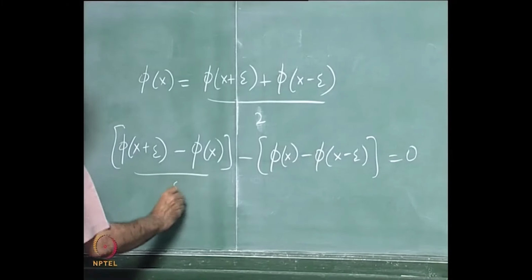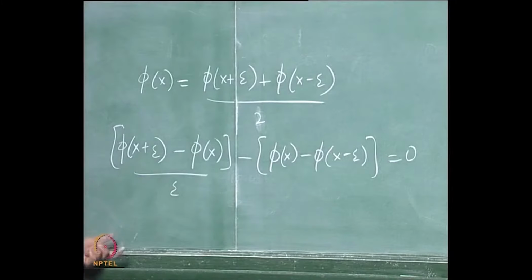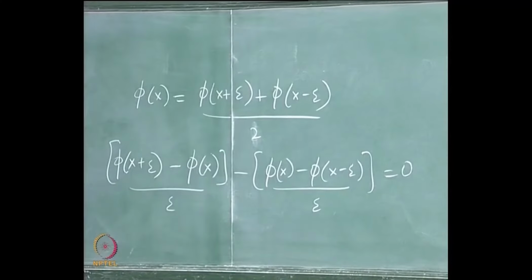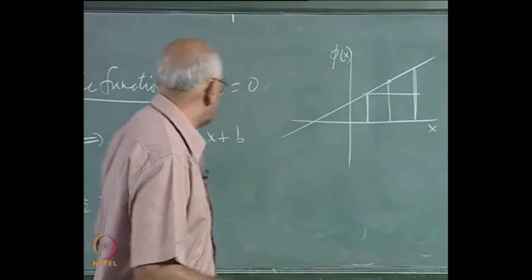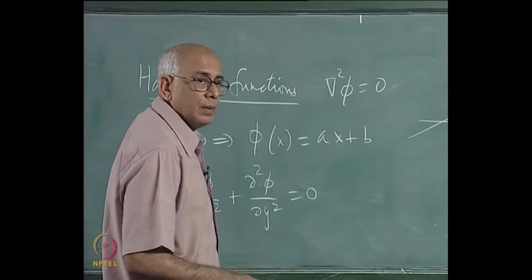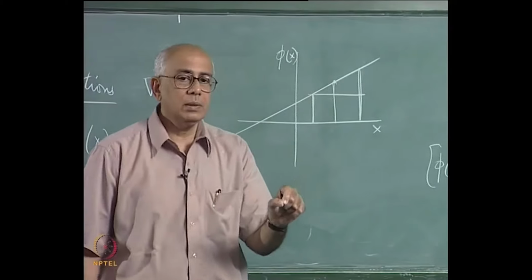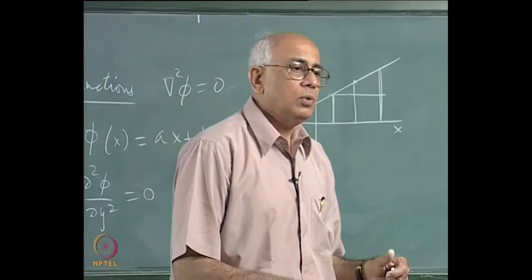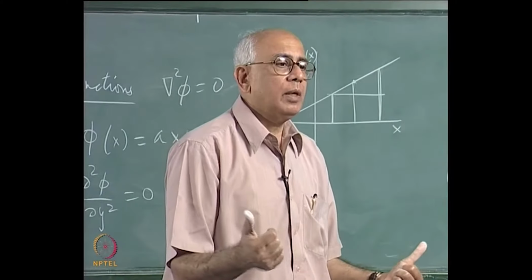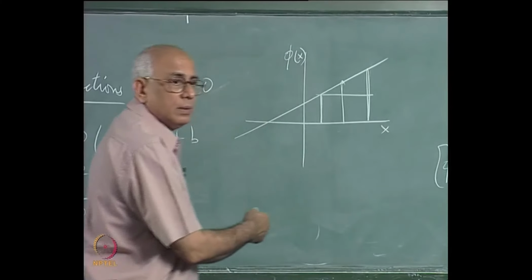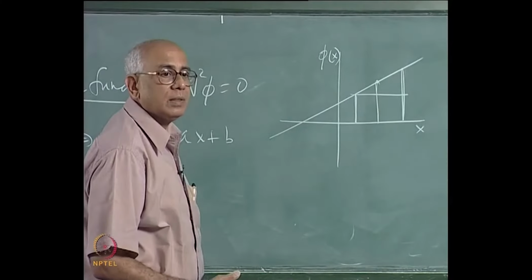If I divide this by epsilon, it is the right derivative, and this here is the left derivative at the point x, and if I take the difference between the two and divide by another epsilon, I actually get the second derivative, and that is how you end up with the second derivative being 0. So it reflects this mean value property. The value at any point is the arithmetic mean of the values at 2 points equidistant from it on either side of it. That is the basic property of a function whose second derivative vanishes.